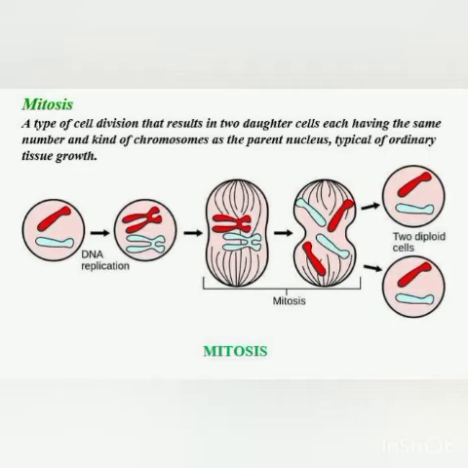They divide to form 4 cells, and in all the 4 cells the number of chromosomes is half, that is 23. These 4 cells are called gametes. For example, in males, the germ cell present in the testes undergoes a division called meiosis, which gives rise to 4 cells, and these 4 cells are gametes.